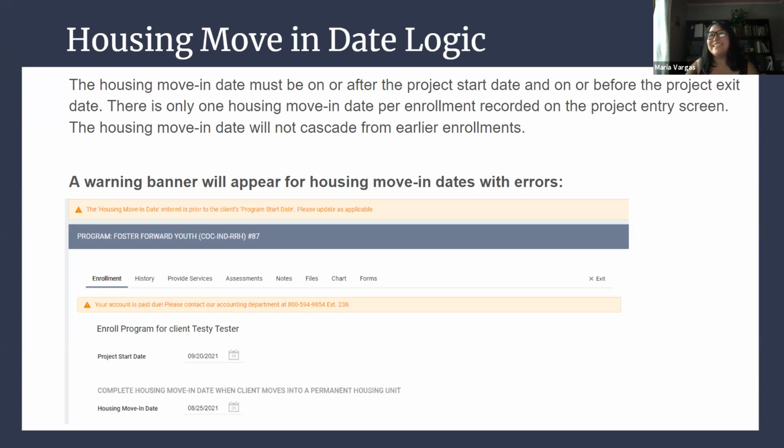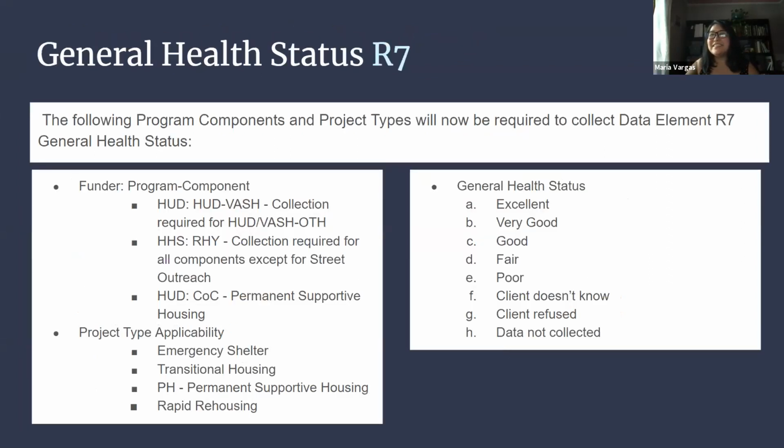If we go to the next slide, please. This is the general health status, element R7. The following programs will now be required to collect this health status. If the program funder is HUD-VASH, collection is only required for HUD-VASH OTH programs.